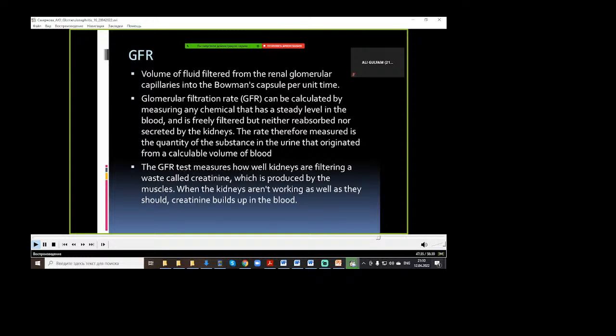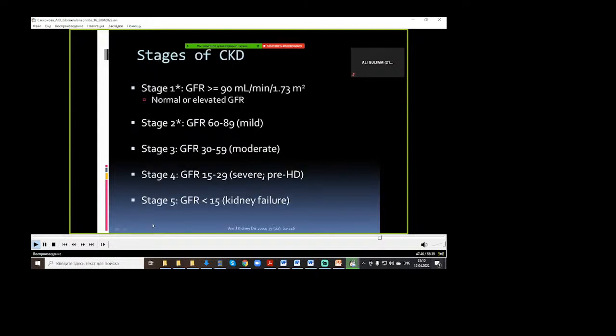When the kidneys aren't working as well as they should, creatinine builds up in the blood. So there are several formulas for calculating glomerular filtration rate. They were presented in the previous semester, so revise your knowledge of how to calculate it.